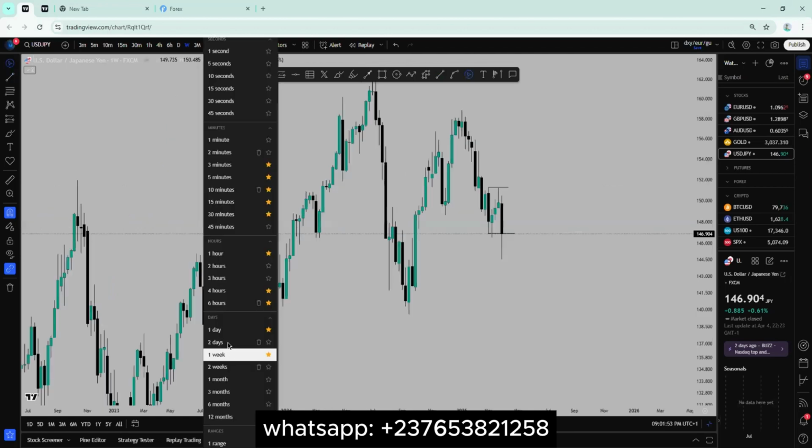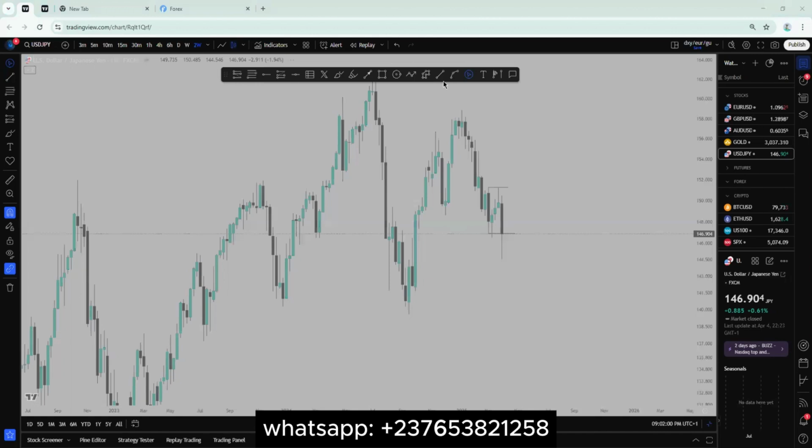Let's look at it on, let's say, 2 weeks time frame. Guys, if you can get a good buy on US 100, you can hold it. Let's say 2 weeks. It's not bad. If you get a good entry, you can hold. We'll look forward to that.